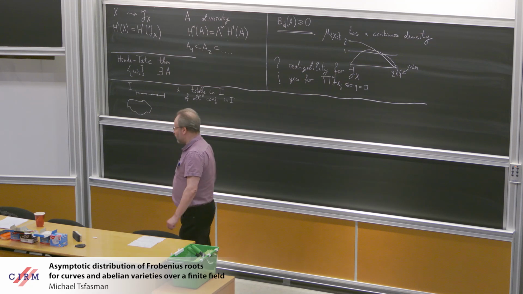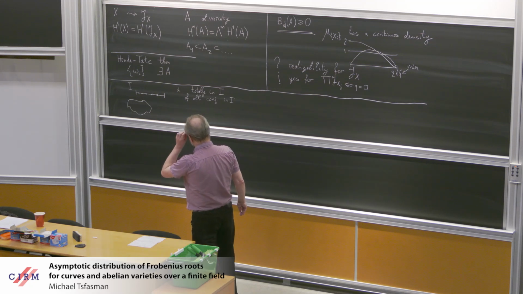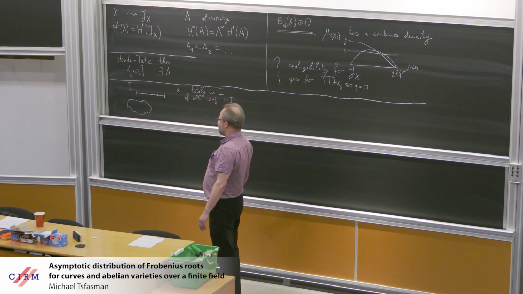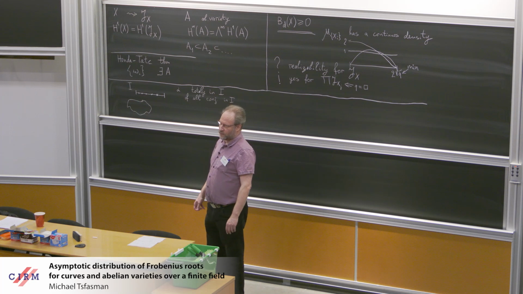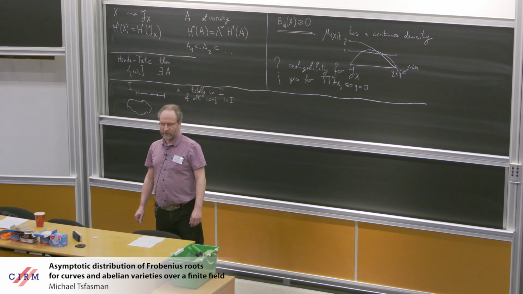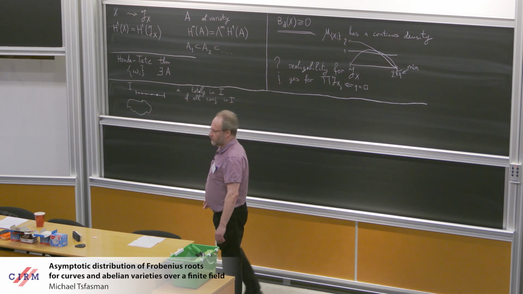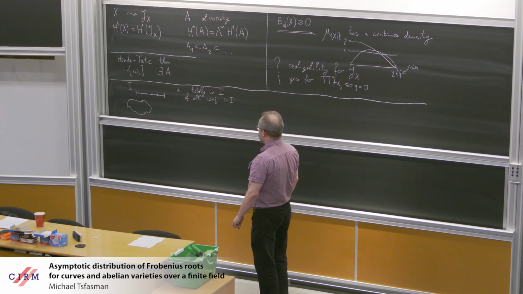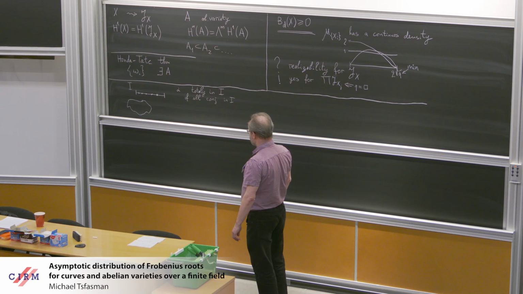And the answer is, let's start with a segment. The answer is that if a segment is small, no. There is only a finite number of totally real algebraic integers. If the segment is large, then the answer is yes.